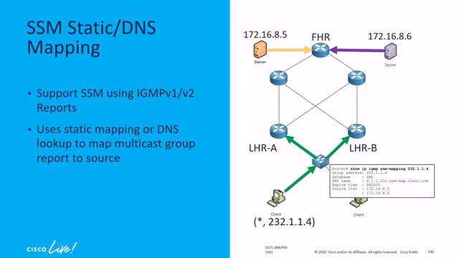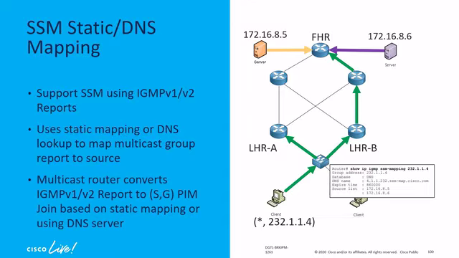Either we're going to use a DNS service record or we're going to statically map it so that the routers that receive those IGMP reports will know what sources they're actually looking for. And then we're going to use that information to convert that version 1 or version 2 report into an SSM PIM join. We're going to use that mapping database, whether static or DNS, and insert the source that's being requested into the PIM join. And then it becomes a source-specific join.